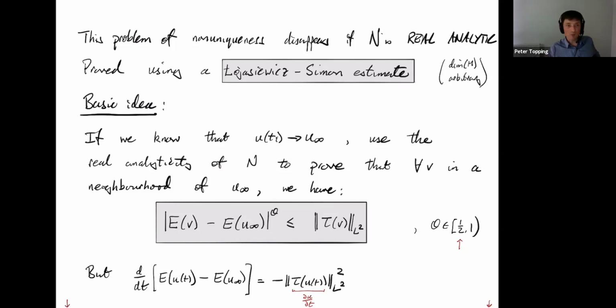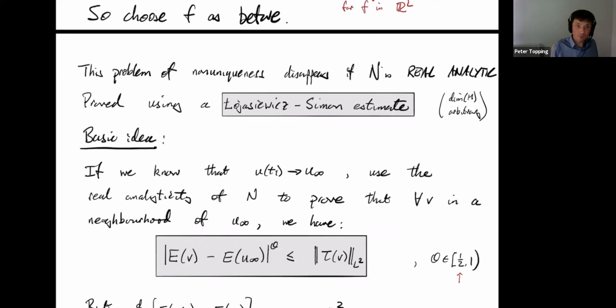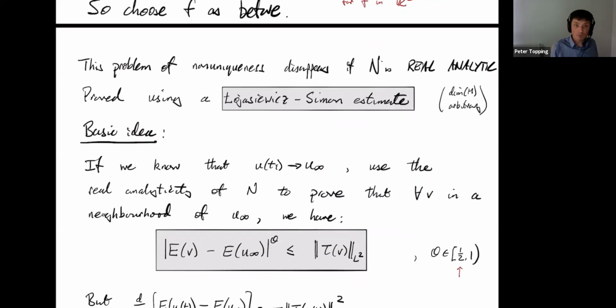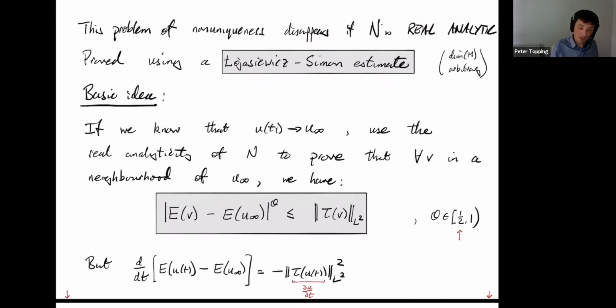Now, by the way, I can work on a domain of any dimension and do harmonic map flow there. So here's the basic idea. Let's say we're in a situation like we had before, where we have a sequence t_i going to infinity, and we have convergence along that sequence.